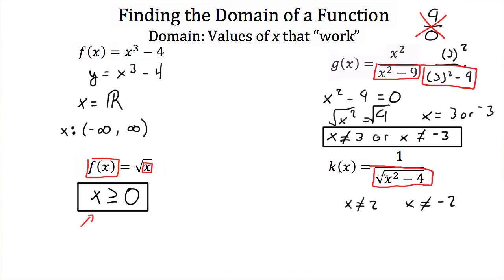I also know I cannot take the square root of a negative number, which means x squared minus 4 has to be greater than 0. So if x squared minus 4 has to be greater than 0, if you solve this, x has to be greater than 2, or x has to be less than negative 2.